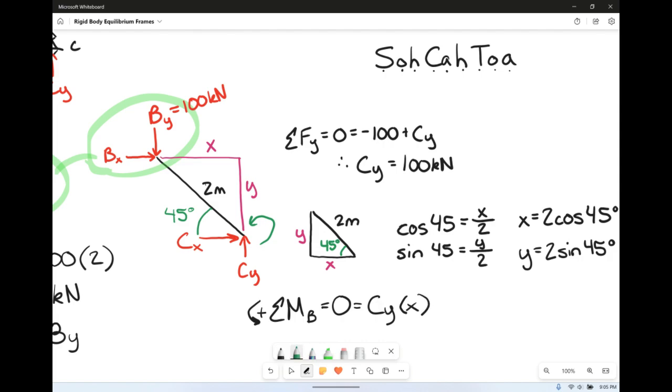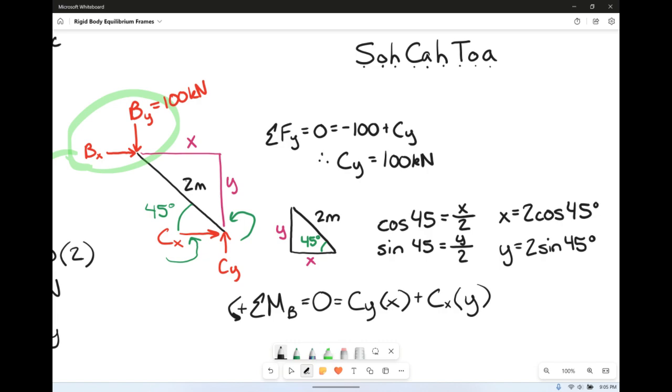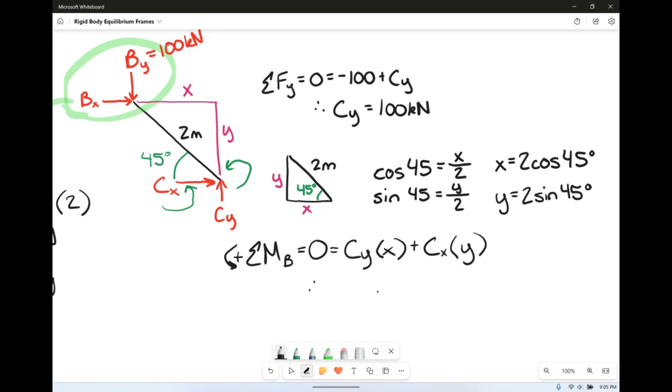Then we've got our CX, who is also going positive. So plus CX times his perpendicular distance up to B, which is y. So again, you can plug in x being 2 cosine of 45 degrees and y is 2 sine of 45 degrees, and we're going to find that CX is equal to negative 100 kilonewtons.